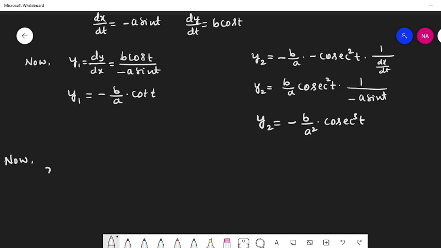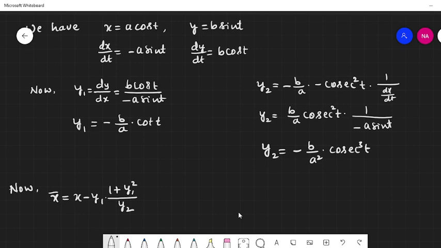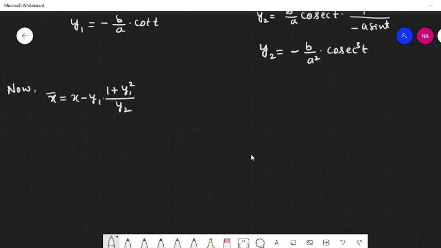Now x bar equal to x minus y1 into 1 plus y1 square by y2. Right, now let us substitute for x, y1 and y2. So here x is a cos t.